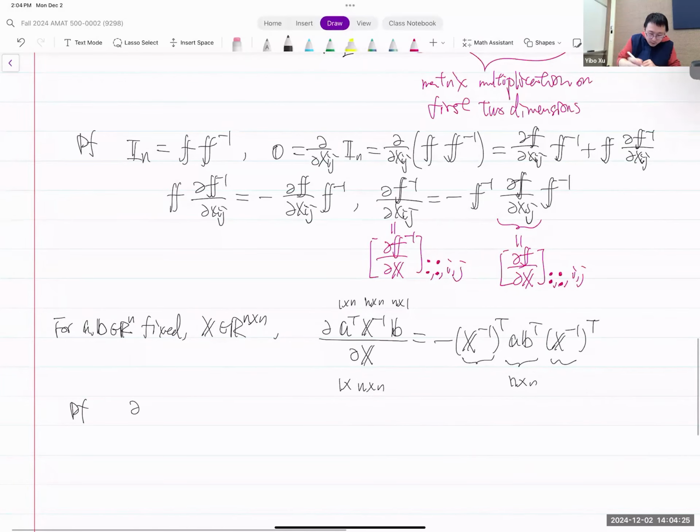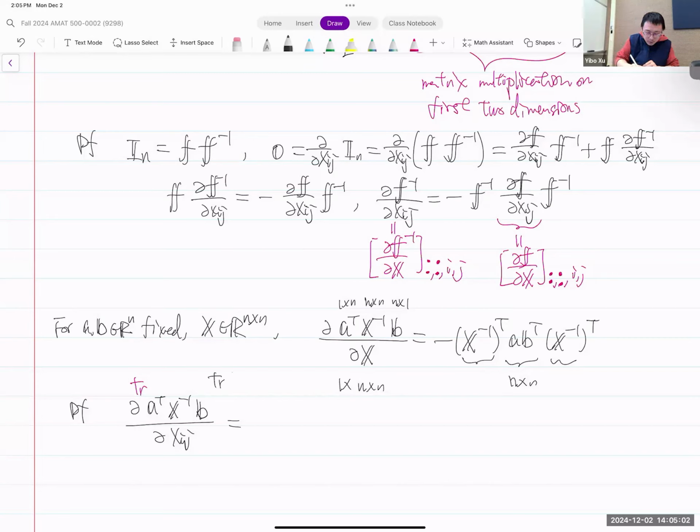So let's just do del A transpose X inverse B, and I do the partial with respect to Xij. Okay. So now, here the first trick that I do is I take the trace of that scalar. I have a scalar that equals the trace of that scalar, because the scalar is just a one by one matrix, right? And now once I have the trace, I can swap. That's what is called the cyclic permutation.